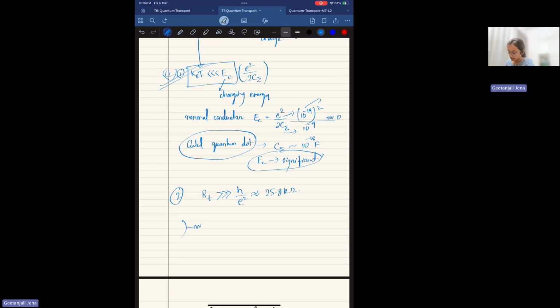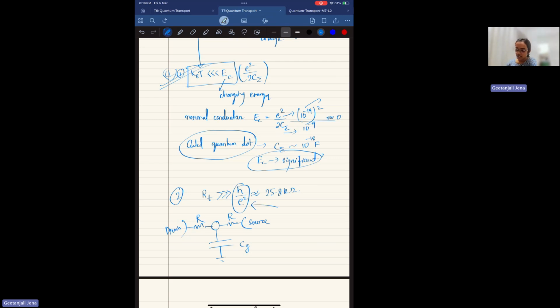So we have a case where the dot is present, tunnel coupled to the drain and source, and also capacitively coupled to the gate voltage. This tunnel resistance RT, connected between the drain and the dot and between the source and the dot, should be greater than the quantum resistance, h by e square.